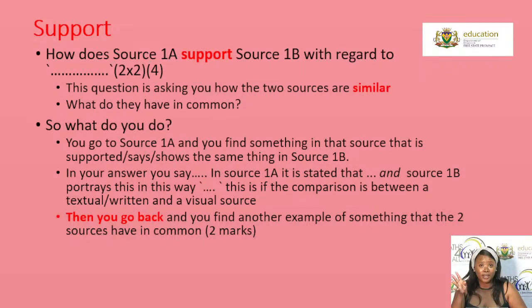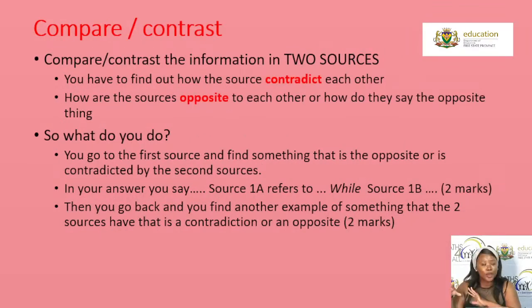That means you compare first and then you compare again. You don't just compare once and think, oh no, I'm done. You need to go back to the sources and find something that is worth the other 2 marks. Remember, we are not doing source-based questions just so that we can pass, but also in order to get those distinctions.